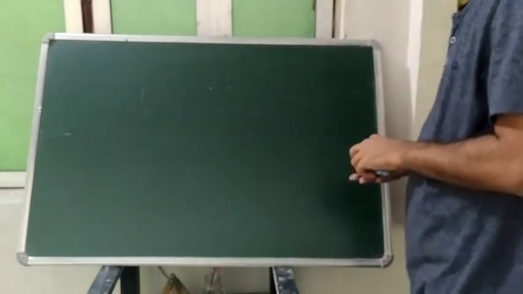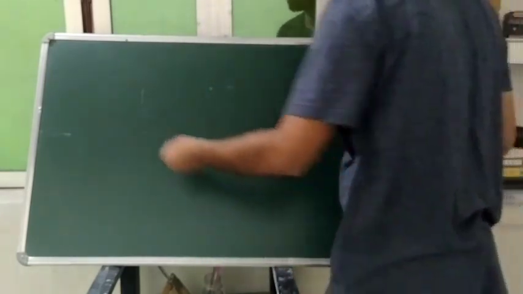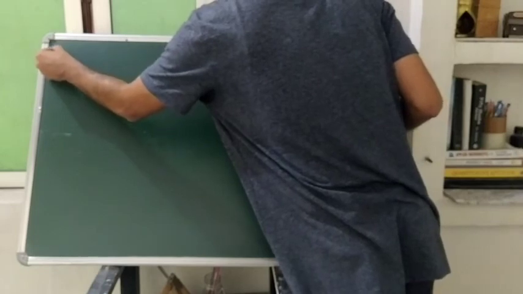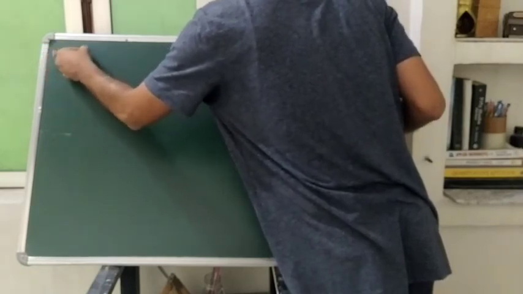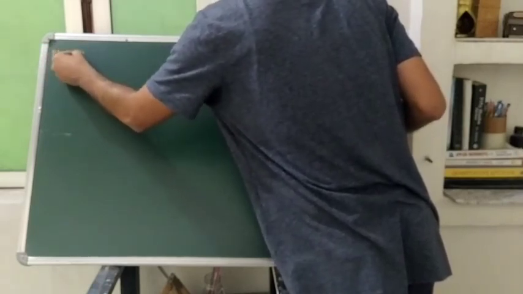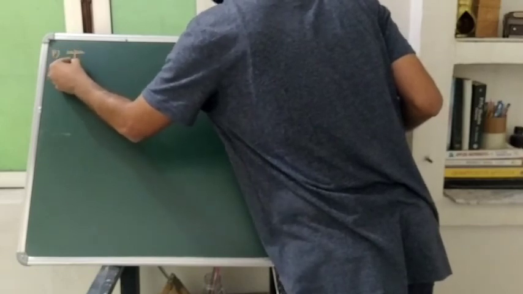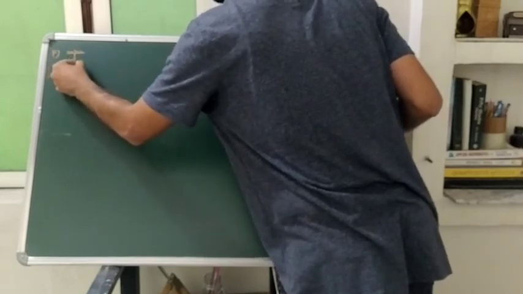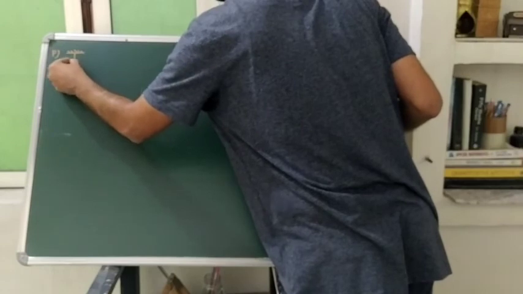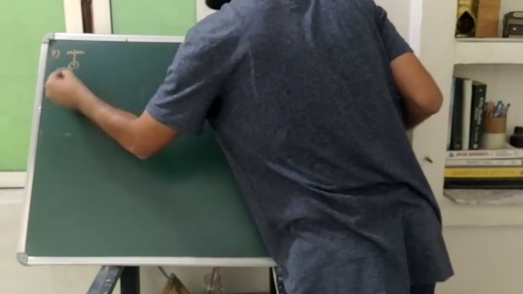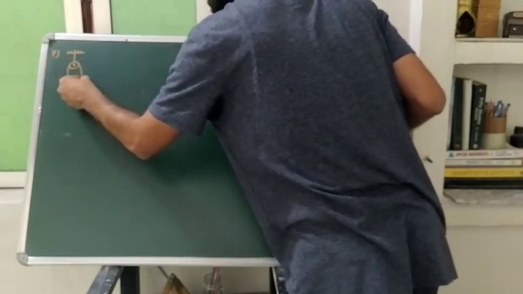Now move on to one more problem. Here a pulley is fixed from a ceiling, and on it we have a string.